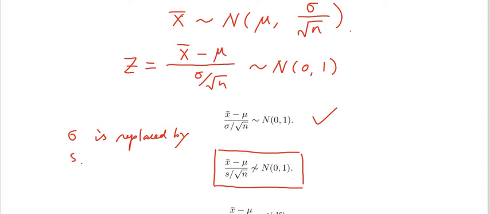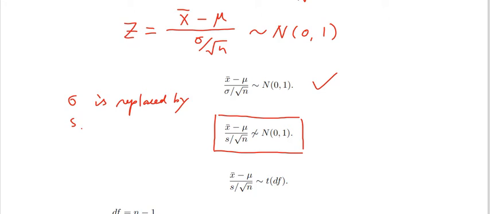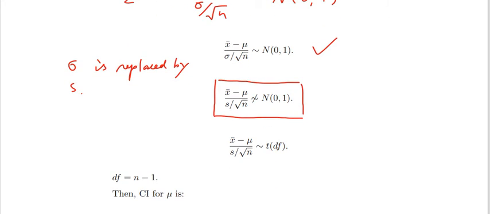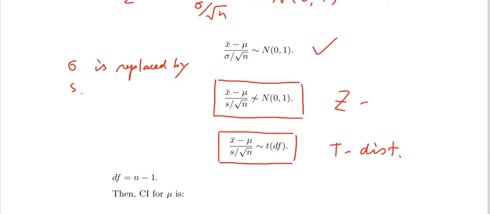So it does not follow the standard normal. Then we want to check what it follows. The result is that it follows a new distribution, which we call the T distribution. Typically the standard normal is the Z distribution.